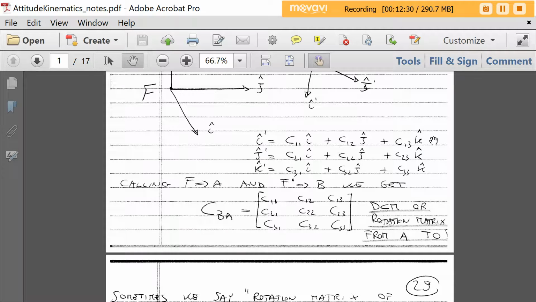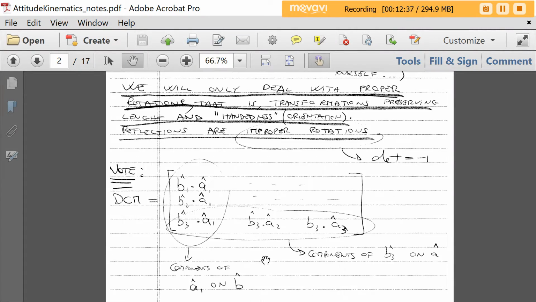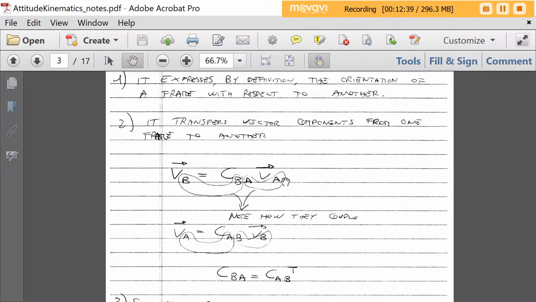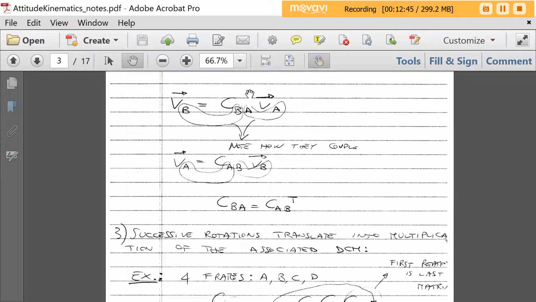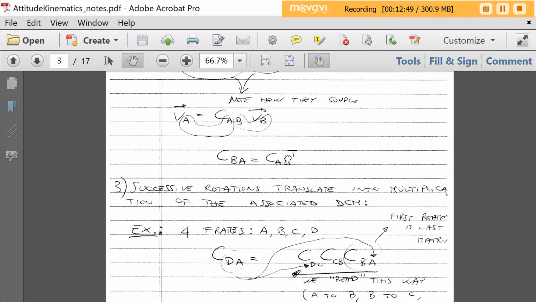So this is CBA. Imagine that you multiply here times the components of a vector that is expressed in A. It will give you the vector in B. And so, remember, we go from right to left. So I'm going from A, I apply the matrix that goes from A to B, and I end up in B. And by transposing CBA, you get CAB. You can do the opposite.